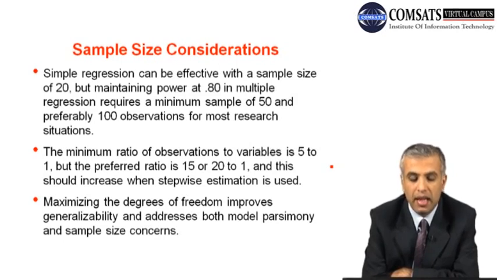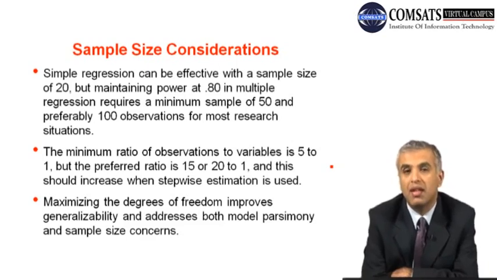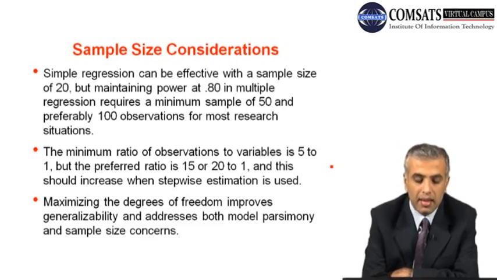And then again, if we are using some specific regression analysis techniques like stepwise, then we would have to add more observations. Again, the other important factor is the degree of freedom. Maximizing this degree of freedom also improves our model basically.